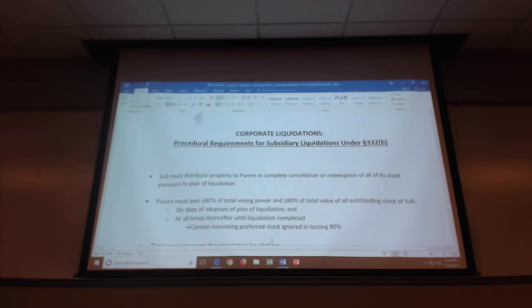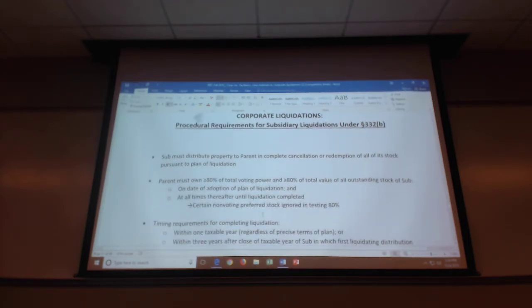Okay, so how do you liquidate a subsidiary? Well, there are some tricky procedural rules. They're discussed in the materials, the textbook, and there are a couple of handouts. It's very important to follow these rules. They're very mechanical.